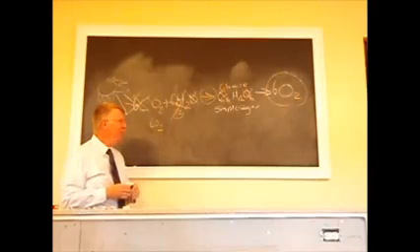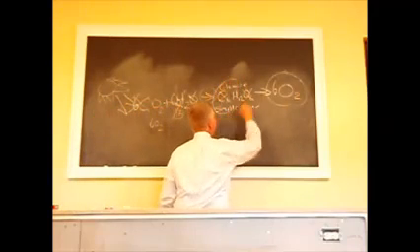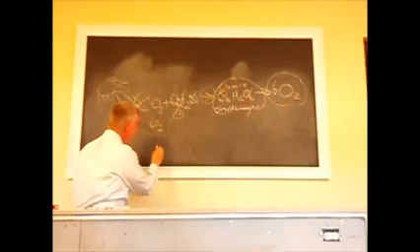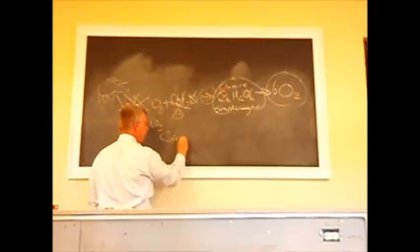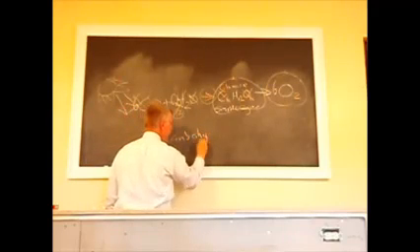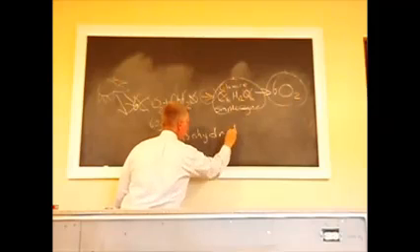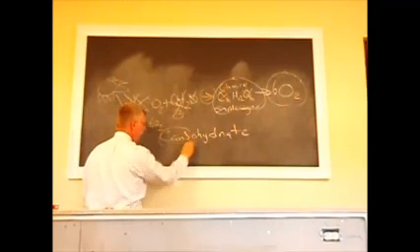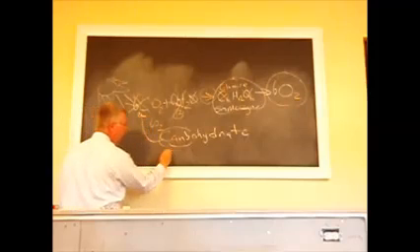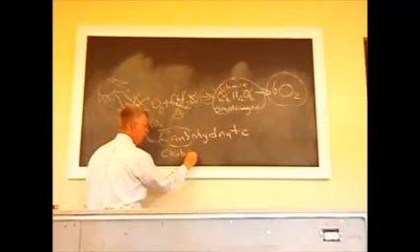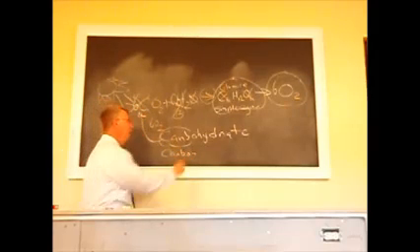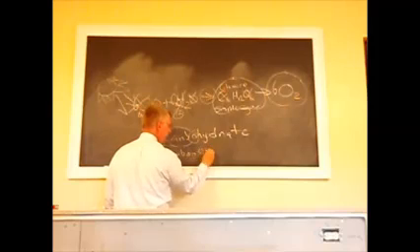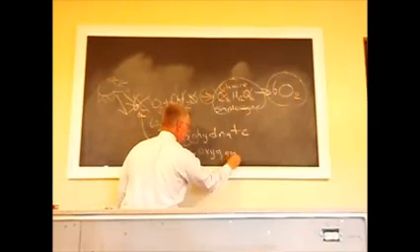What do plants have in them? Well, amazingly enough, this is what plants have in them, and see if we can find it here. Carbohydrate. Well, carbs, carbon, as in carbon dioxide. O for oxygen.